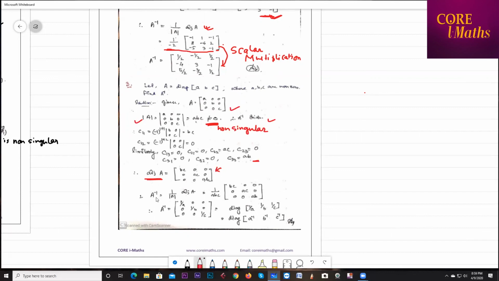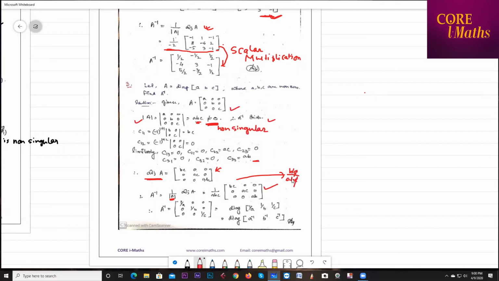Now A inverse equals 1 by determinant A. We know that the determinant of A here is ABC, so 1 by ABC into the adjoint, and then multiply. If we multiply, it is just simple scalar multiplication.